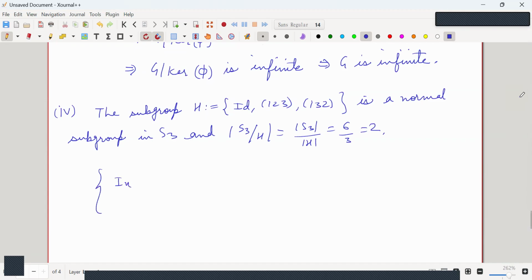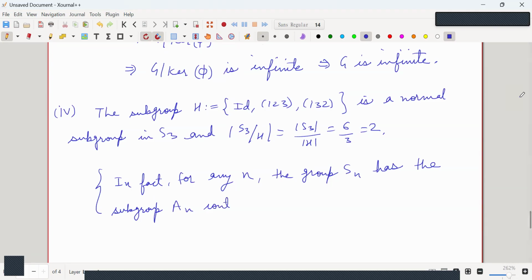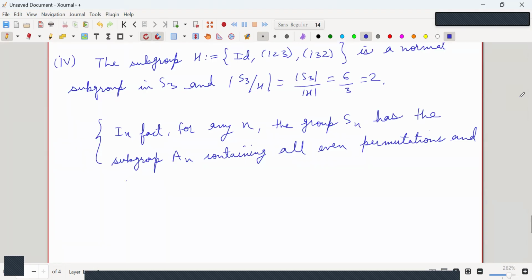So in fact, for any n, the group Sn has the subgroup An containing all even permutations, and order of An is n factorial by 2.